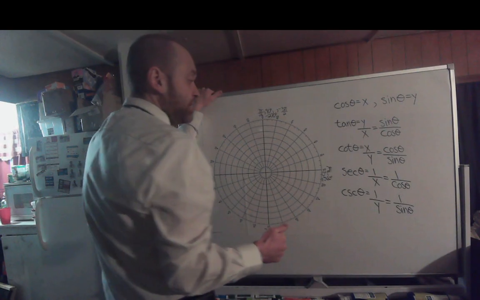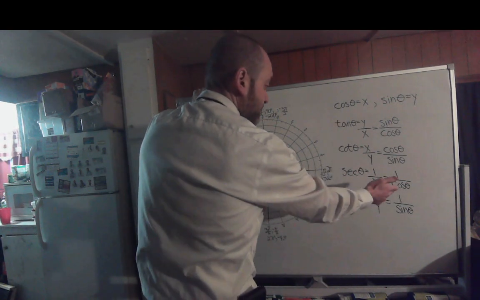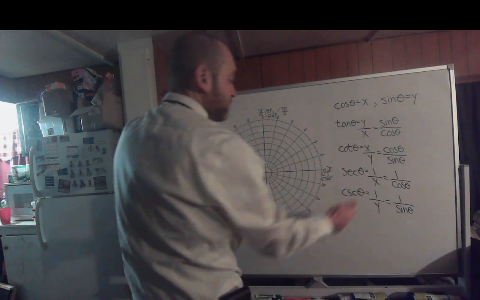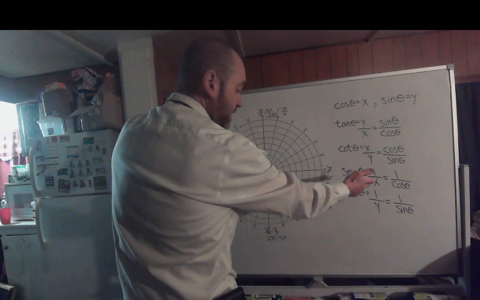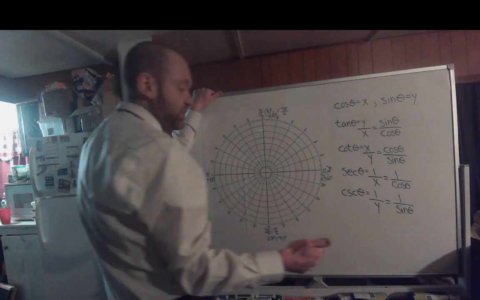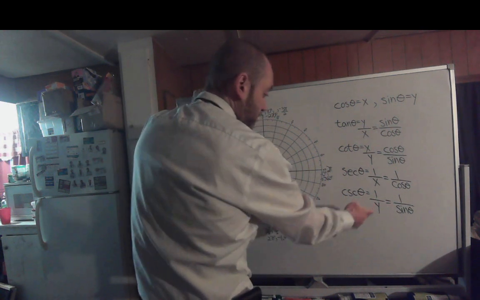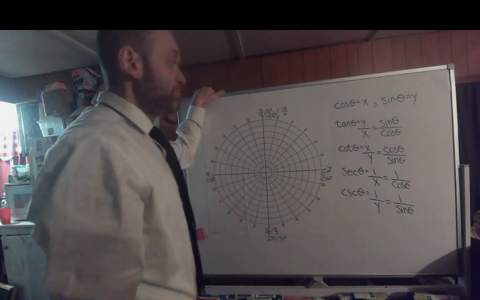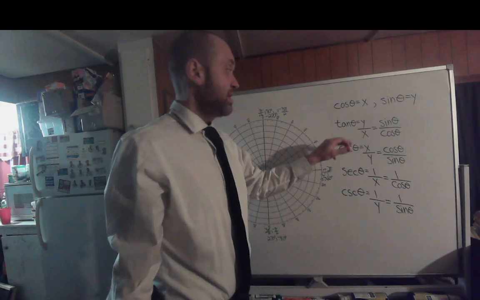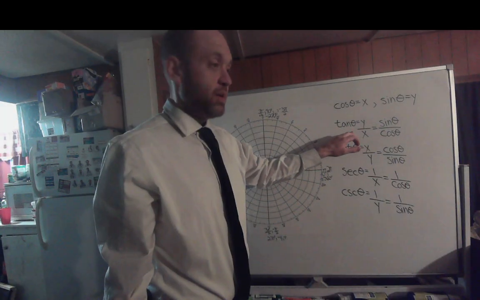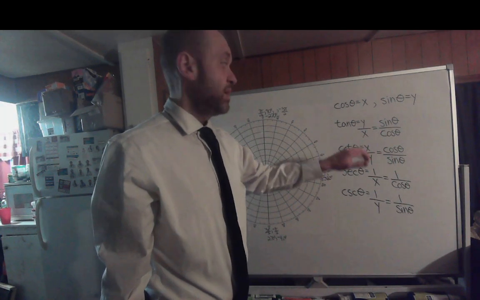And then you have, of course, the secant, which we know is the reciprocal of the cosine function. You could just take the reciprocal of your x coordinate, 1 over x, and then cosecant is the reciprocal of the sine function, so that's 1 over y, the reciprocal of the y coordinate. And if you want to find the tangent, it's just y divided by x, which is sine divided by cosine.